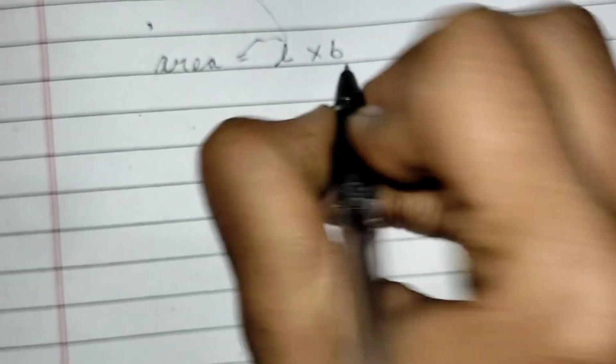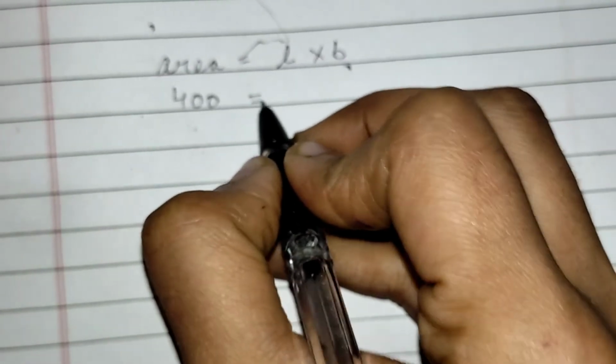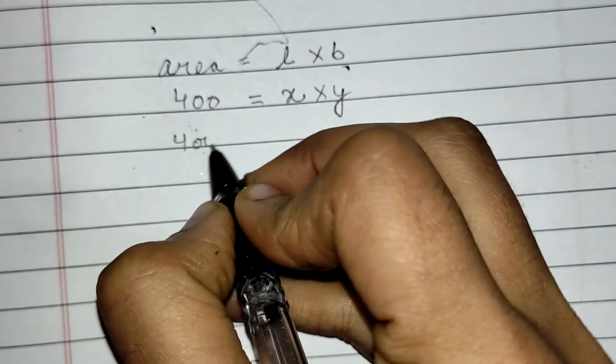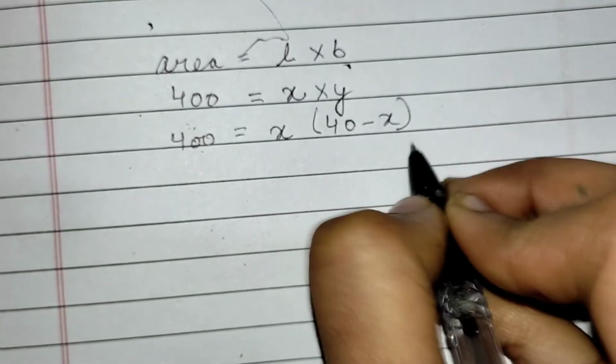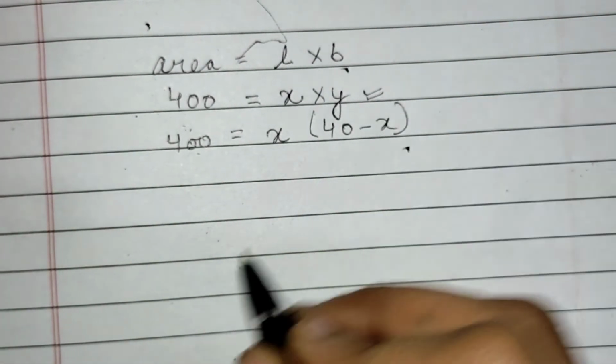Okay. So area is equal to what? Area of a rectangular park is equal to length into breadth. And area is given to you 400 and length is x into y. So put the value of y which we have found, it was 40 minus x. Why am I putting the value of y?